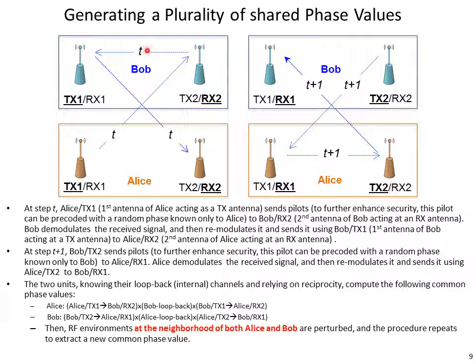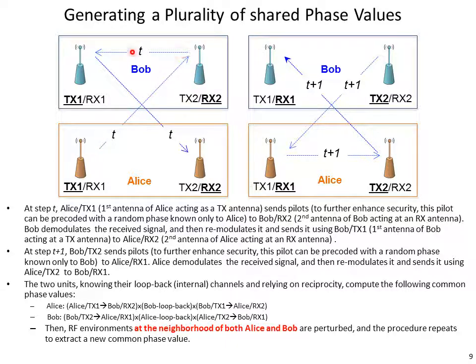This signal is internal to Bob, passed to the first antenna of Bob, which now acts as a transmit antenna. And Bob will forward the signal using its first antenna, which is acting as transmit antenna, to Alice, and Alice will listen to it using its second antenna, which is used as receive antenna.